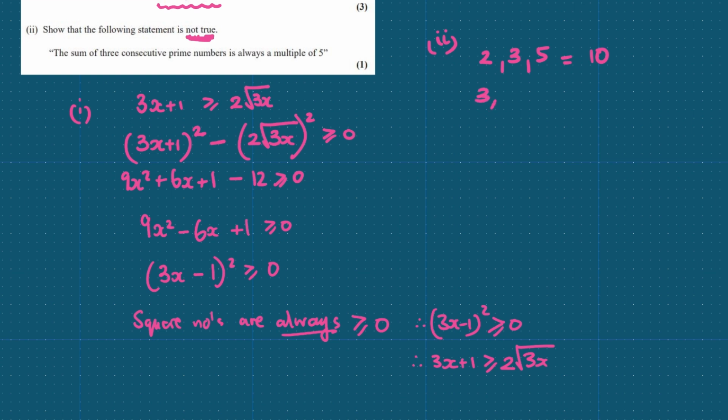The next consecutive prime numbers, 3, 5, and 7, sum to 15. Then we've got 5, 7, 11, which adds to 23. And there we go. We have found one counterexample to prove that the sum of 3 consecutive primes is not always a multiple of 5.